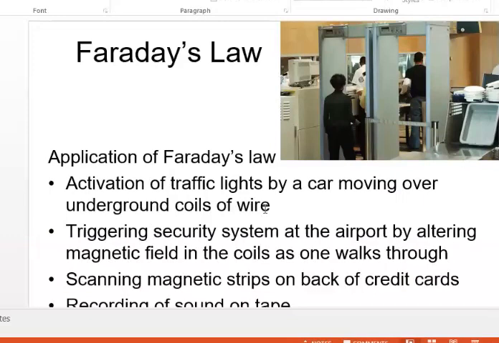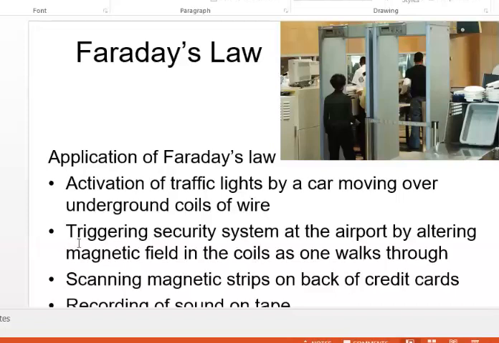So as the car moves, an electric voltage is induced in the coil, and that causes the traffic light to be activated.